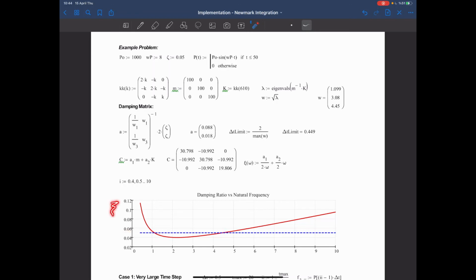This is the damping with respect to omega graph. Now for values smaller than 1.1 we have the mass proportional part, and for values after 4.45 the stiffness proportional damping becomes more pronounced. Remember that this is the equation of this red graph.